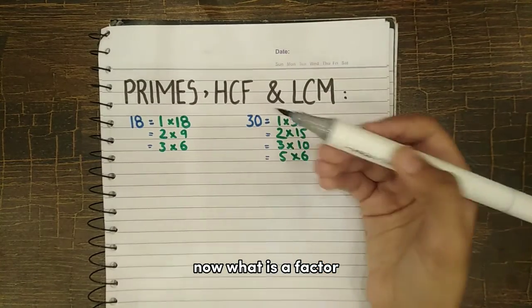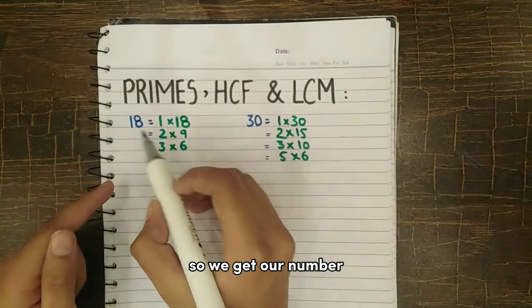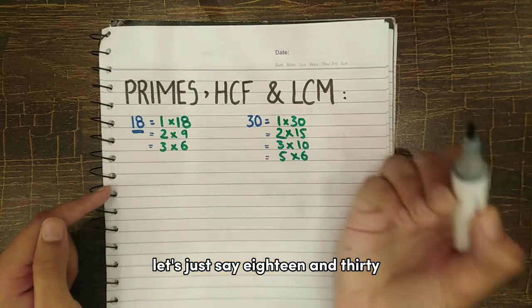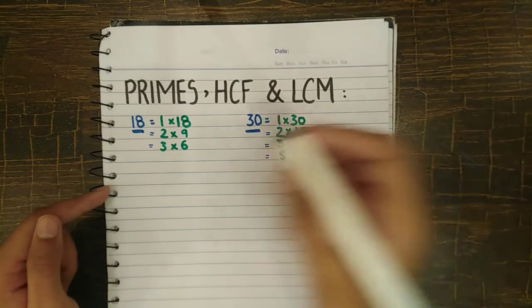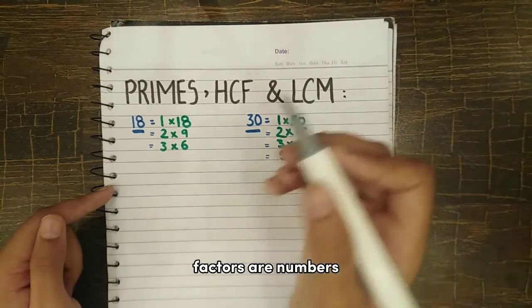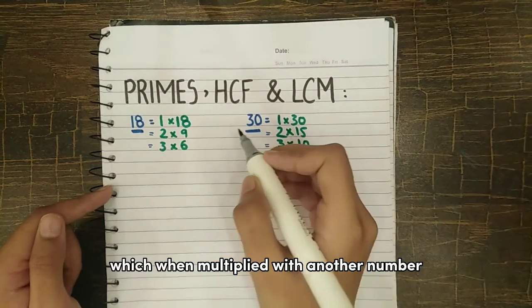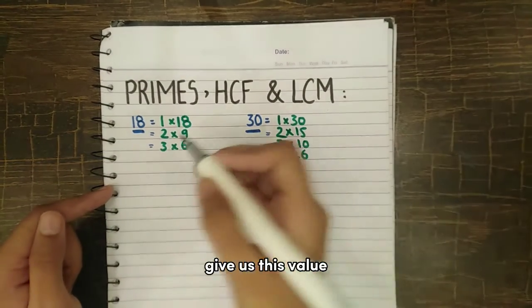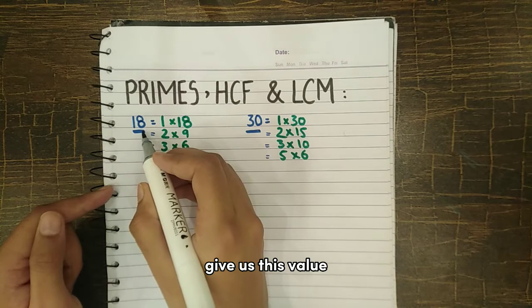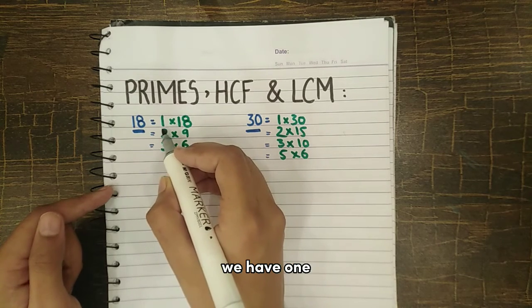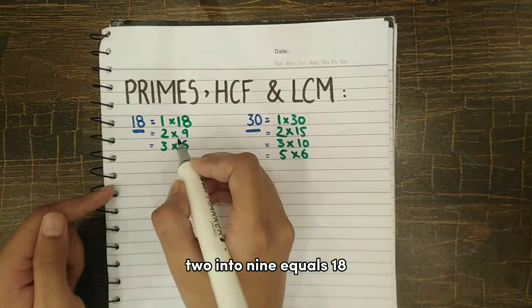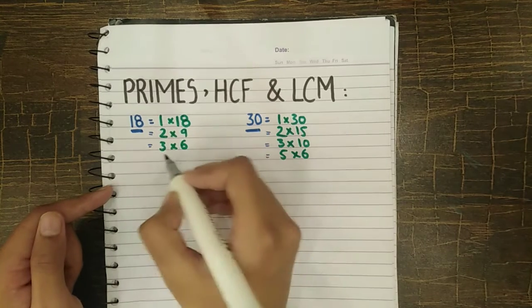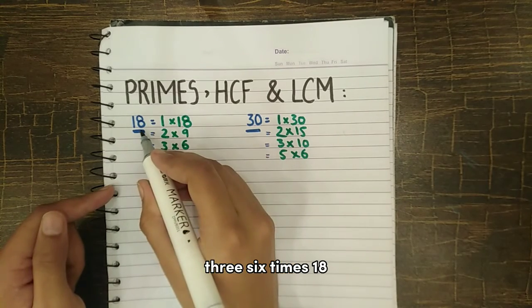Now what is a factor? So we get our numbers, let's just say 18 and 30. We're supposed to find their factors. Factors are numbers which when multiplied with another number give us this value. For example, we have 1 which when multiplied with 18 gives us 18. 2 into 9 equals 18. 3 times 6 is 18.